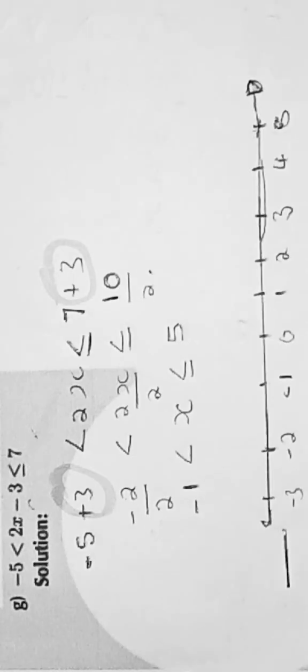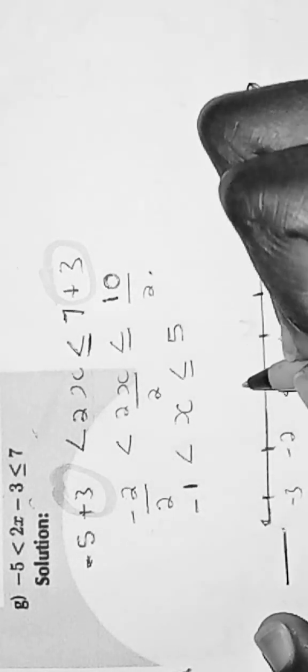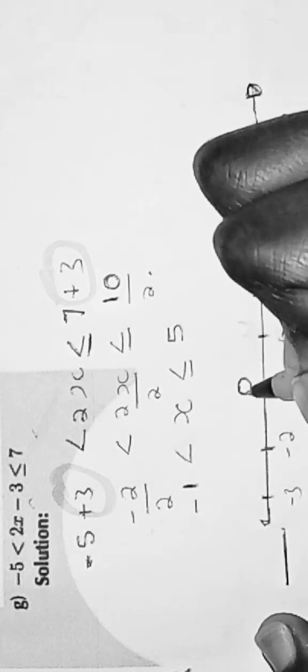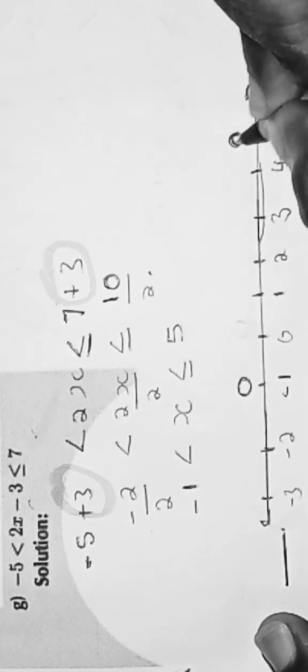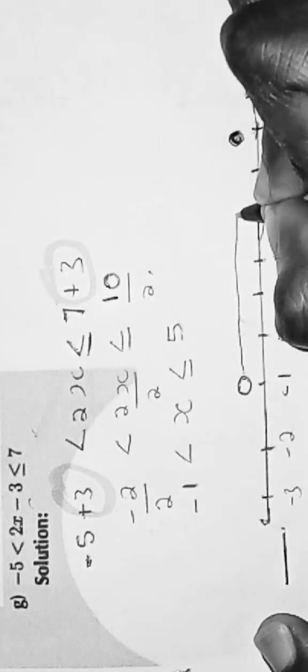Then you are done solving for x. So you're going to draw your number line. -1 goes here, which is the lighter circle, and 5 is the dark circle. And you join everything together.